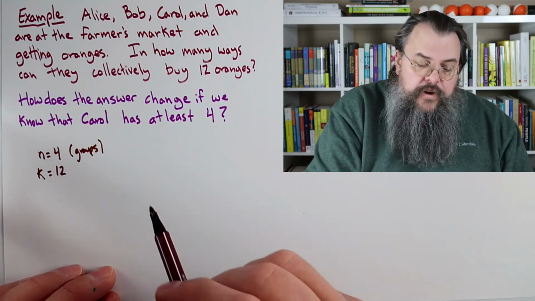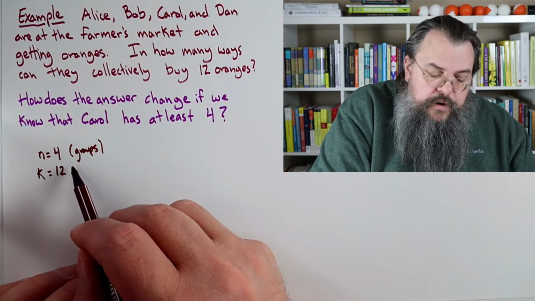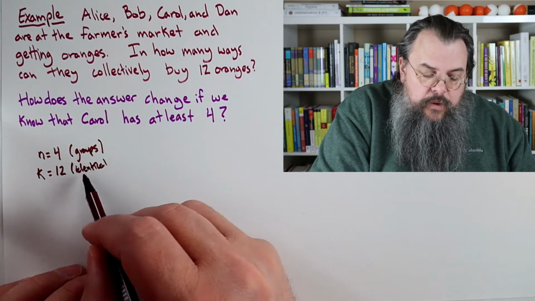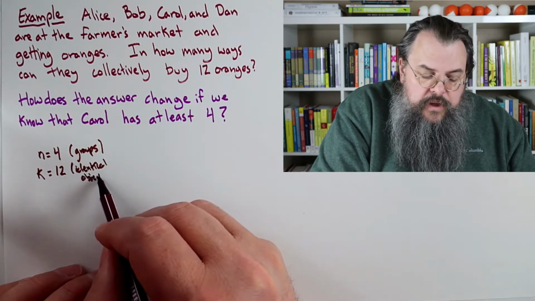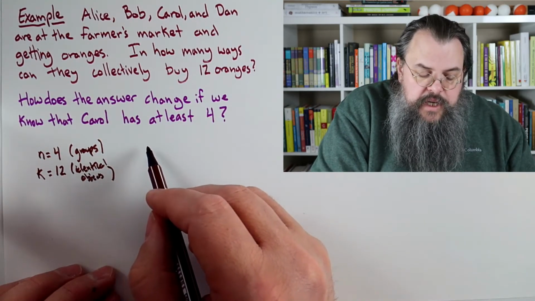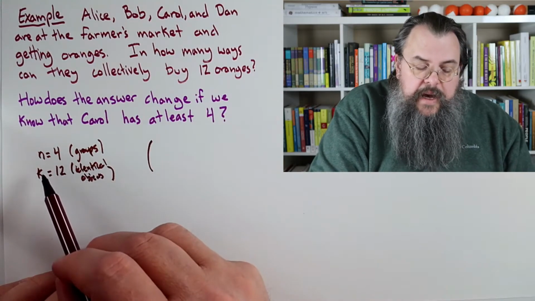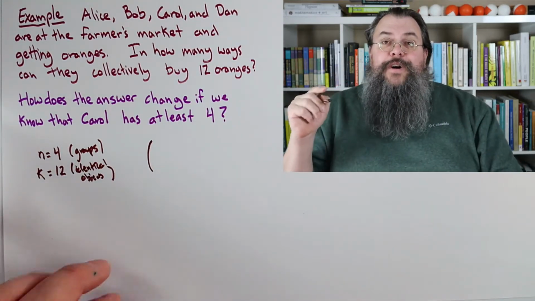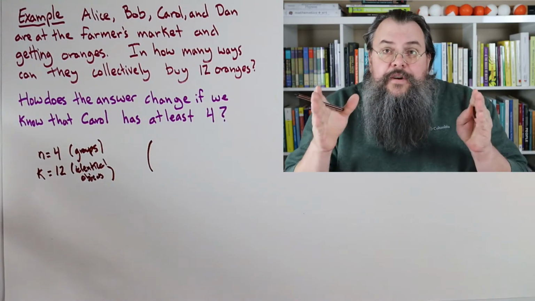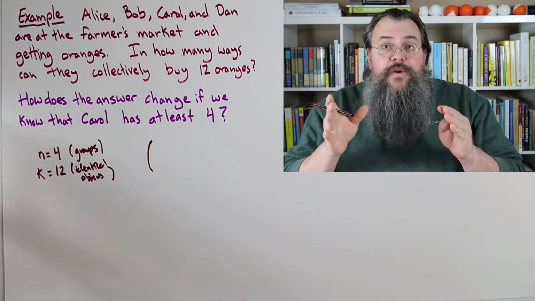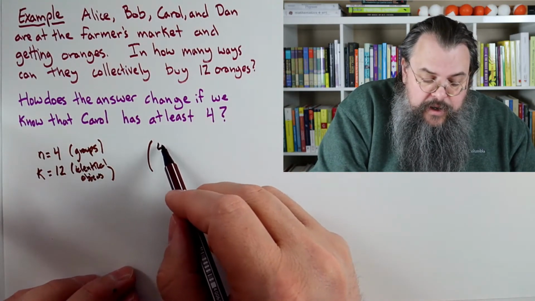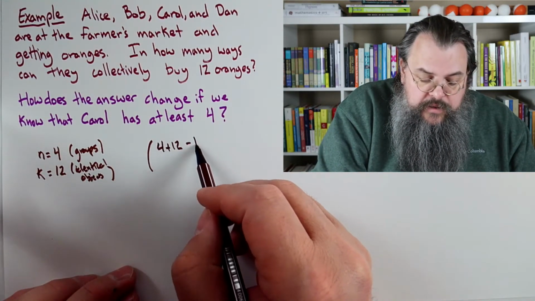Okay, so according to bars and stars, what we do is we add n and k, and subtract 1. And remember, the subtract 1 is because when we have n groups, we have n minus 1 dividers. So we'll write it as 4 plus 12 subtract 1.